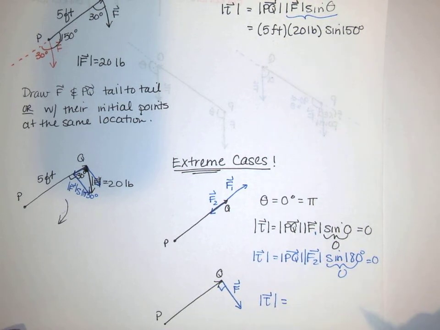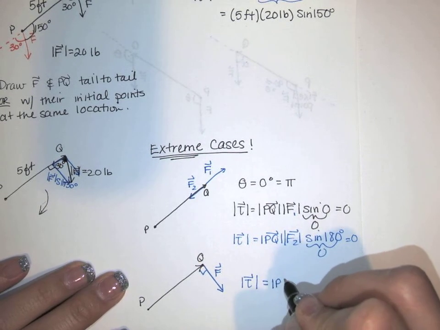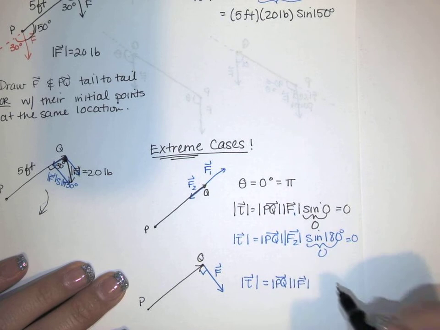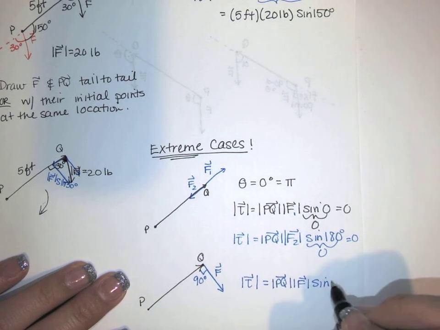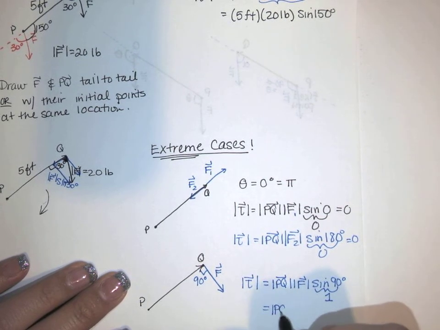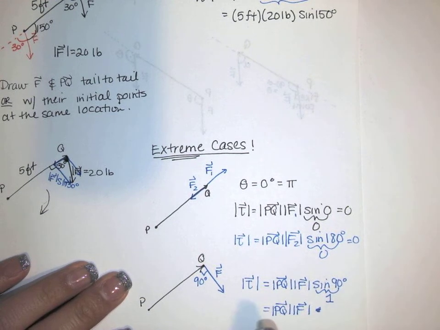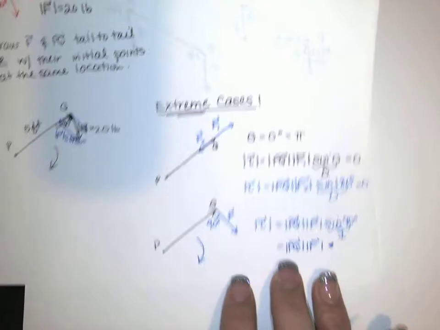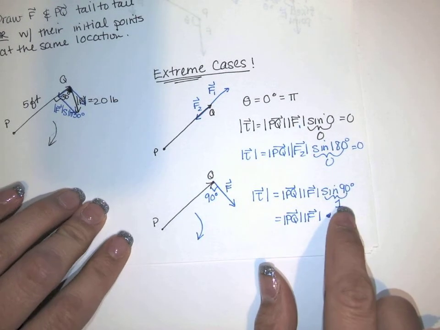The measure of the tendency to rotate is the length of PQ, so the length of the moment arm, times the magnitude of the force, times the sine of the angle between them, and this time the angle between them is 90 degrees, and that's 1. So now I'm not wasting any part of my force. All of my force is contributing to that rotation about that point. And that magnitude of the torque is as large as possible, because sine can't be larger than 1, right?